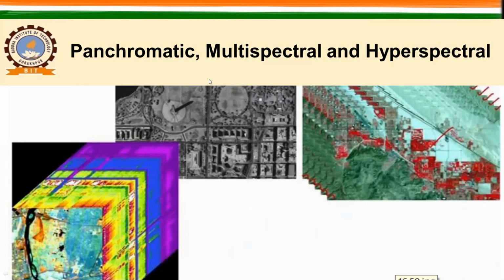In panchromatic, you have only one band image, and here, just remember, the starting and end wavelength of your detector are very far from each other, so they will have enough energy to be resolved. That is called panchromatic.